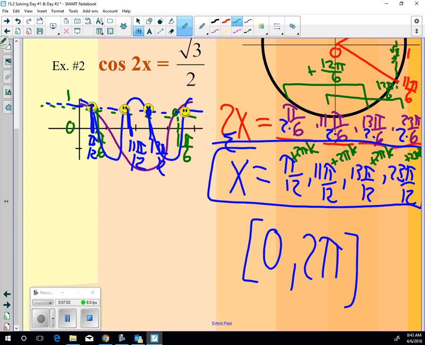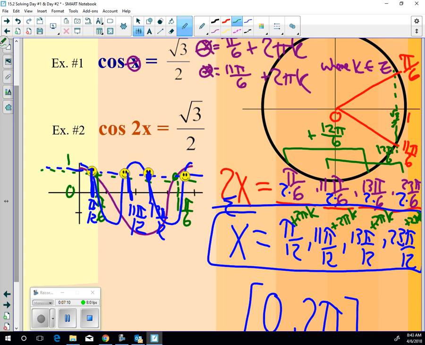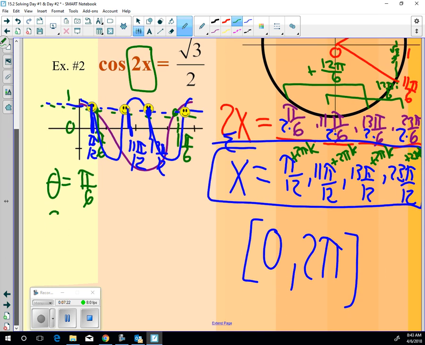Okay. The easier way is less conceptual, but what you do is what we did before: cover this up and just find the two answers. The two answers were theta equal to pi over 6 and theta equal to 11 pi over 6.